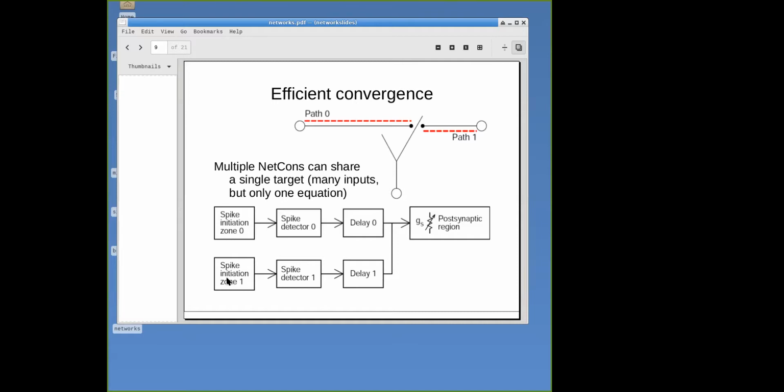And then here's another cell, cell 1, with its own spike initiation zone being monitored by a different spike detector and conveying events to our single instance of a GABA-A-ergic synaptic mechanism attached to the soma with its own delay. And so that's tremendously efficient because you only need one bag of equations to represent all those synaptic mechanisms. Okay?